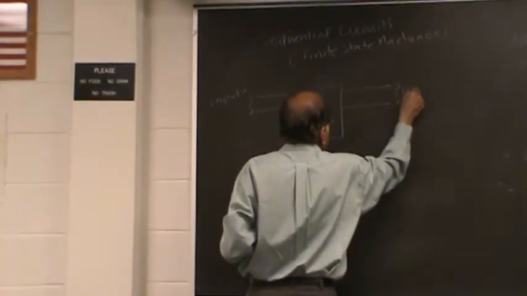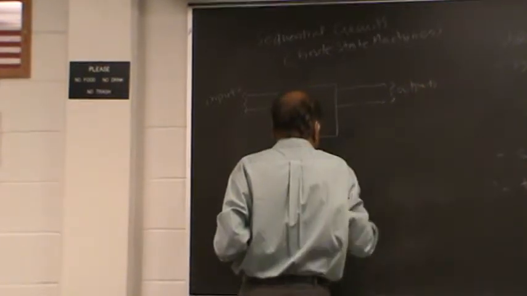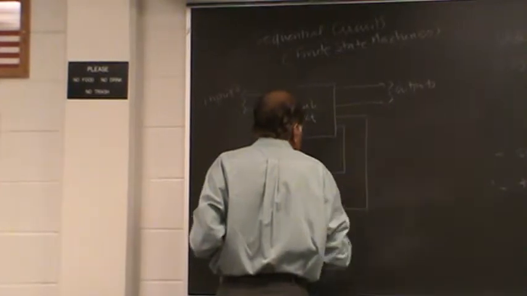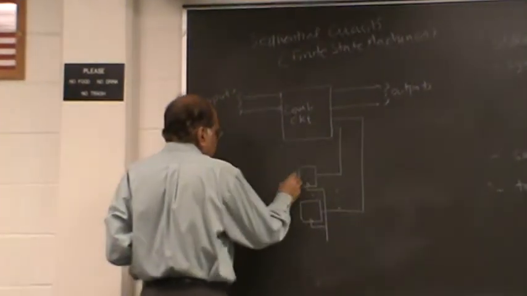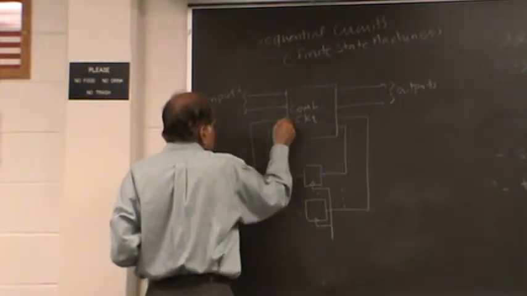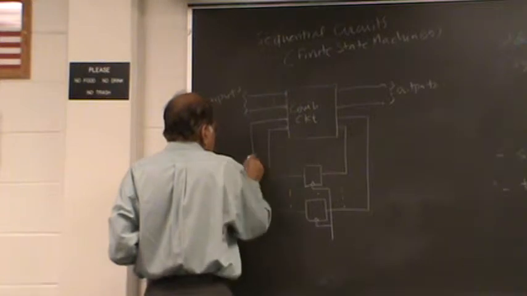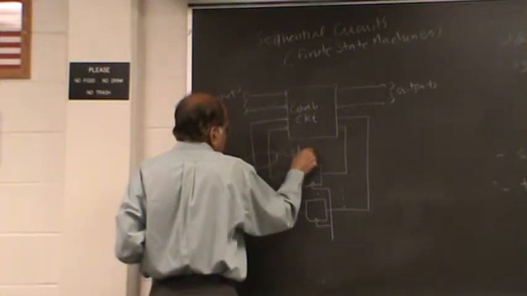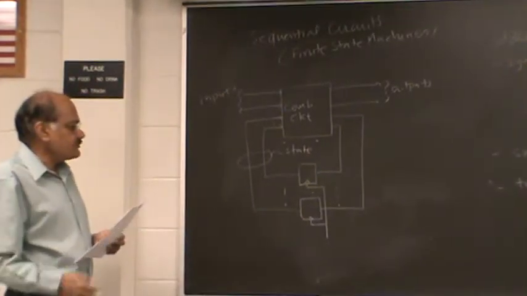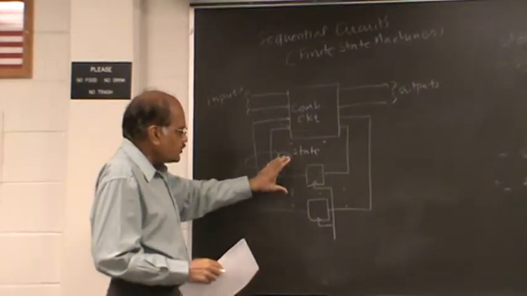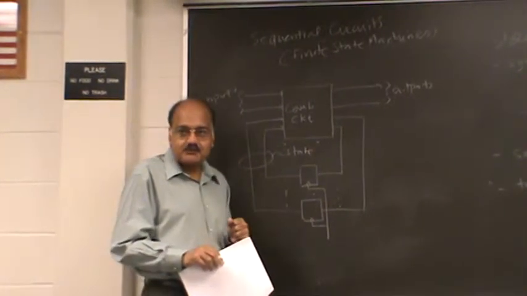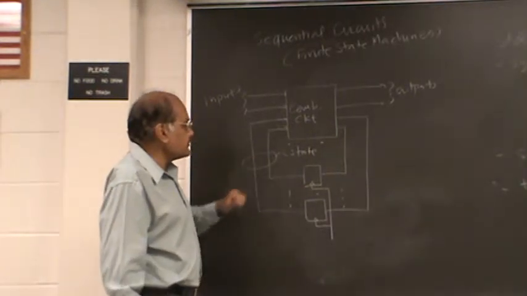And here we have the outputs. And here we have the inputs to the flip-flops, and here is the current state of the finite state machine. So these are the outputs of the flip-flops, which are basically what is stored in those flip-flops. So this is basically the state.